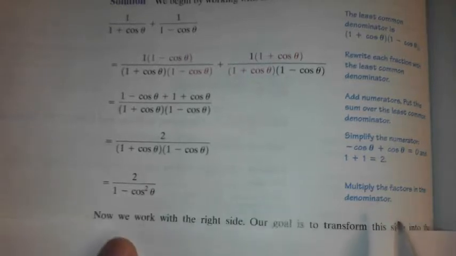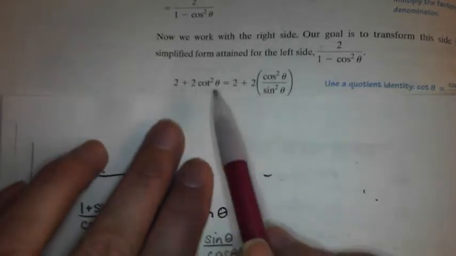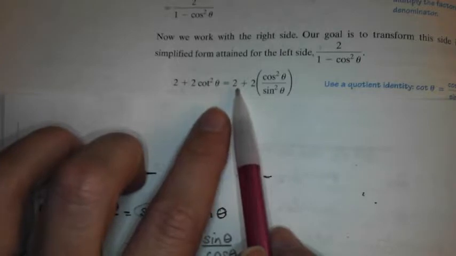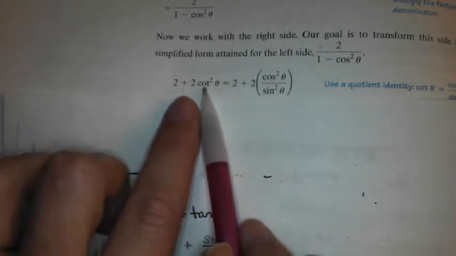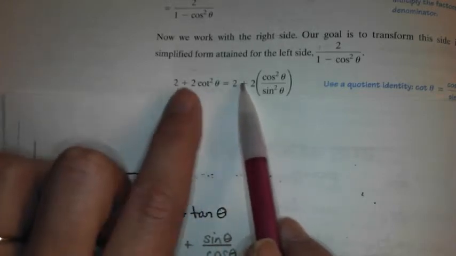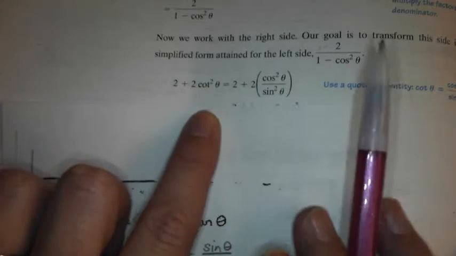They stop there and they say, now we're going to work on the right side. So they're taking the right side, which was the 2 plus 2 cotangent squared. They changed the cotangent squared, so there's your 2 plus 2, and they changed it to cosine squared over sine squared.